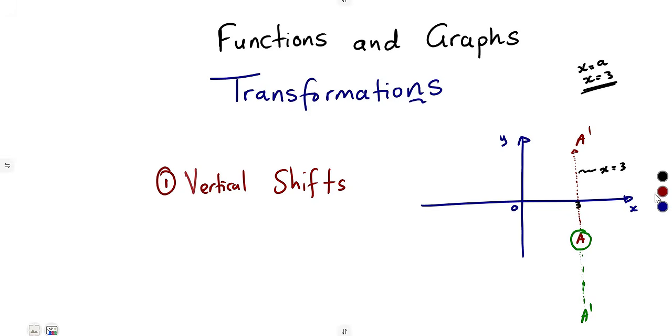So what is going to change here is the y value. From the point A to this image, the x is going to remain as it was. Maybe our x was 3, the x value is going to remain. But we are going to notice that the y value is going to change as we are going up. From the y value that you were given before, you are supposed to add the units that you have moved.